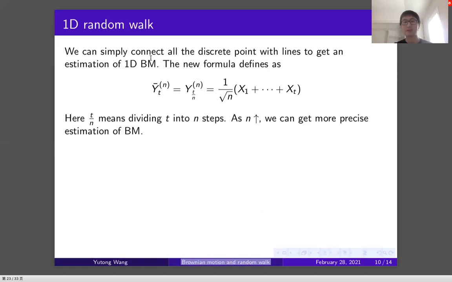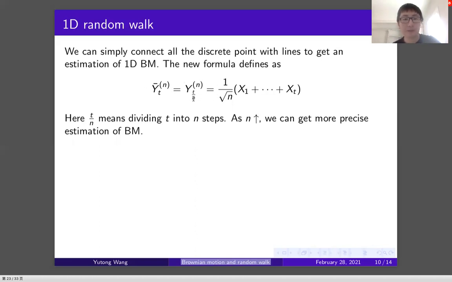But this is very rough. It's not very detailed. So for getting a more detailed estimation of one-dimensional Brownian motion by the random walk, the new formula we define as this y bar.